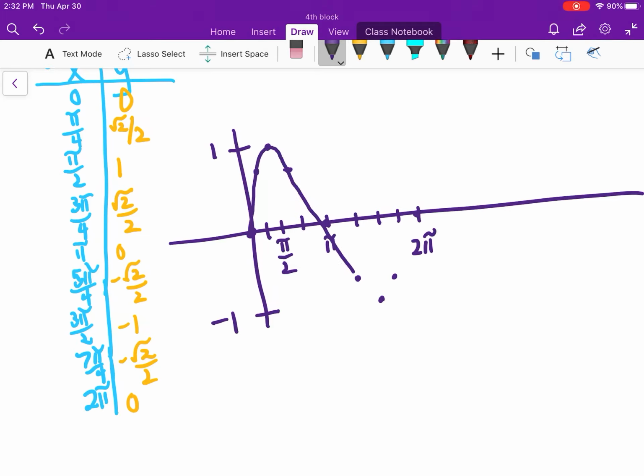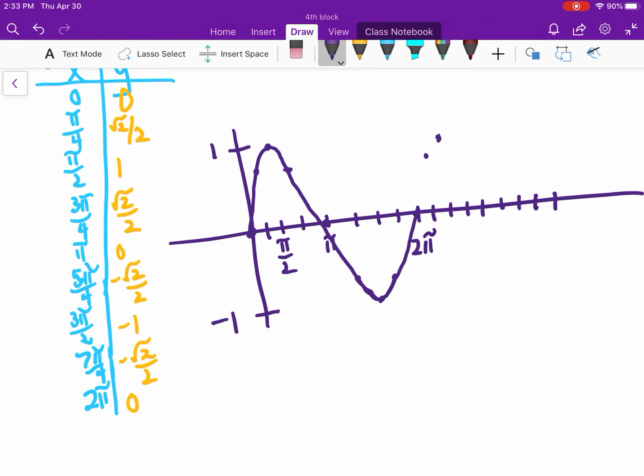Okay. Now, if I connect my points here, this is what my sine graph will look like. That's actually pretty good. Probably one of the better ones I've made on this thing. I graphed these on paper a little better, but okay, so that's what the sine graph is going to look like. Now, we could go around the circle again, and if we did, what do you think will happen as we extend this graph?